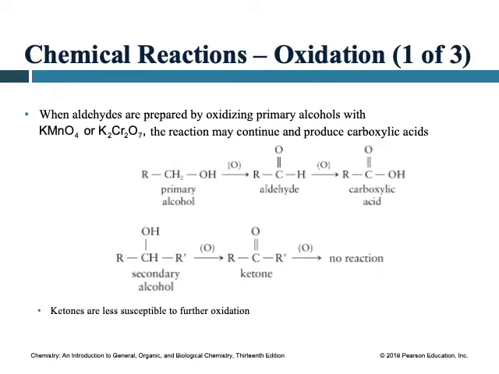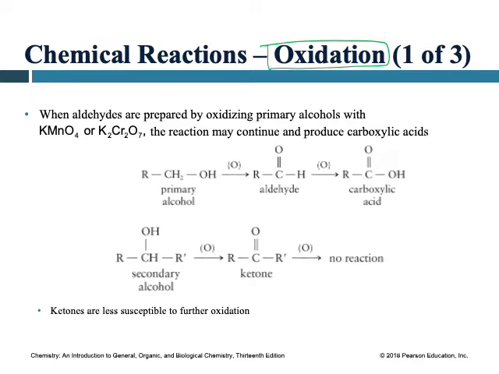So now let's talk about some of the chemical reactions that aldehyde and ketone go through or normally show. The first reaction we're going to talk about is oxidation. So how are you going to make an aldehyde? If you remember, alcohol can produce aldehyde.